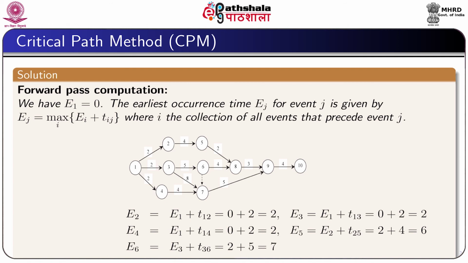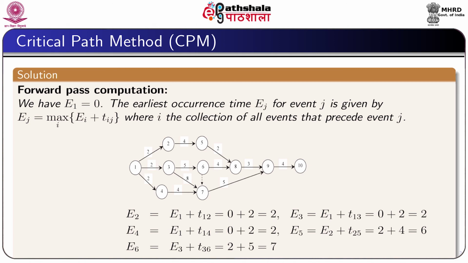Now, for E7 we see that the 3 activities 4-7, 3-7 and 6-7 are merging into the event 7. Therefore, these activities are the immediate predecessor activities.